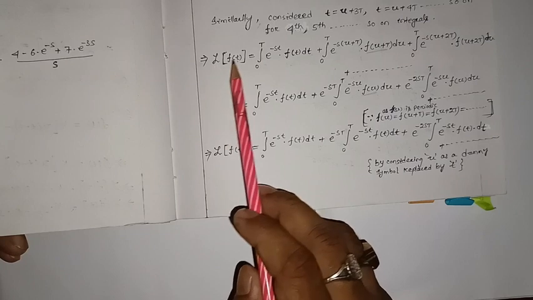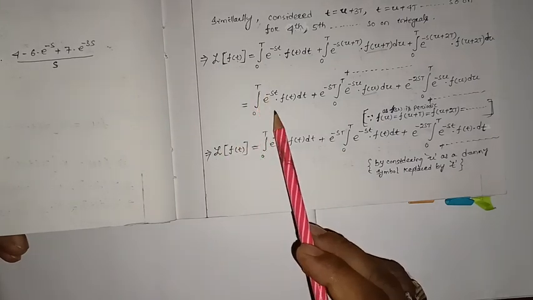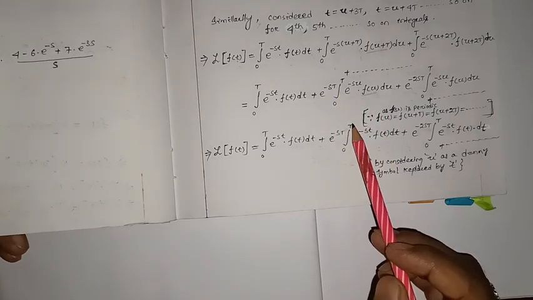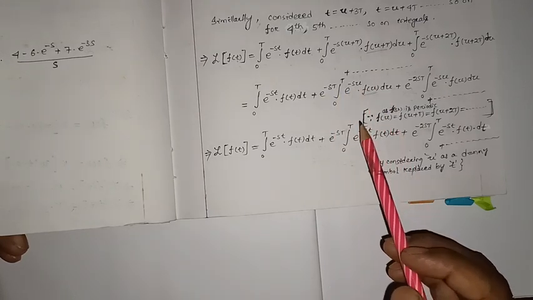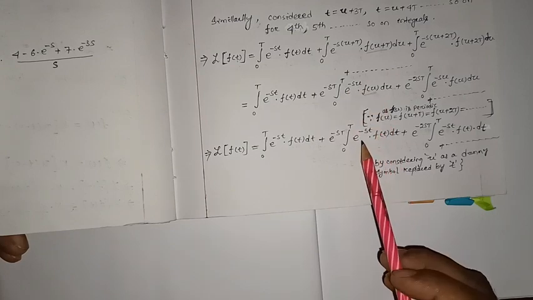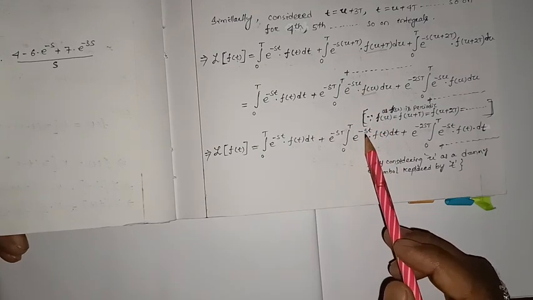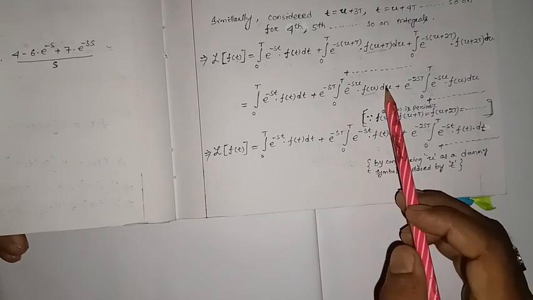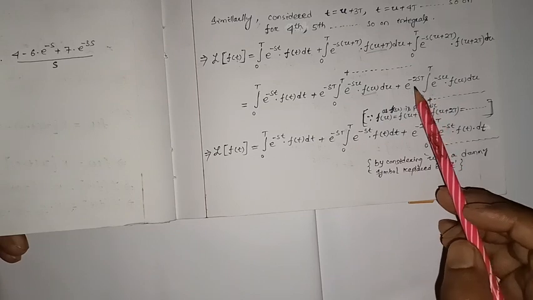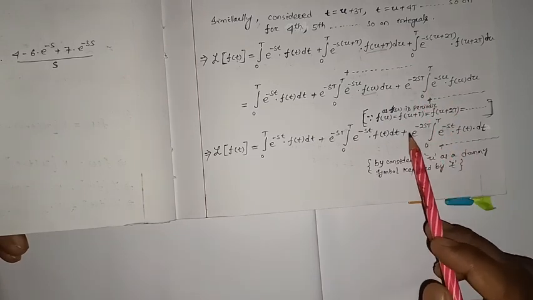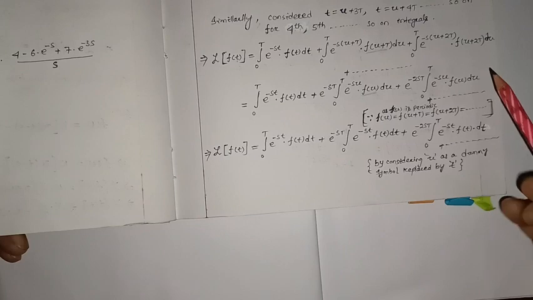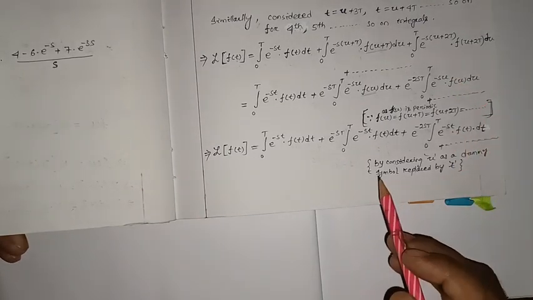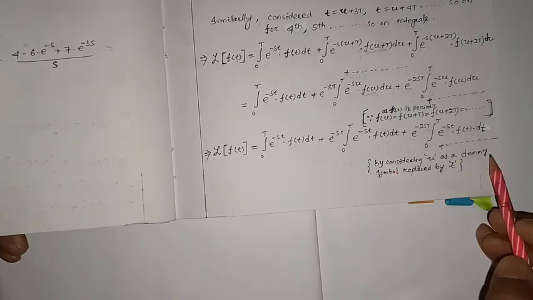So that implies the Laplace transform of f of t will be equal to 0 to T e to the minus st f of t dt plus e to the minus st into e to the minus st, 0 to T, where e to the minus su is written as e to the minus st, f of u written as f of t, dt written as du. Here e to the minus 2st is written, but wherever u is there, instead of u we write t, because u is a dummy symbol.